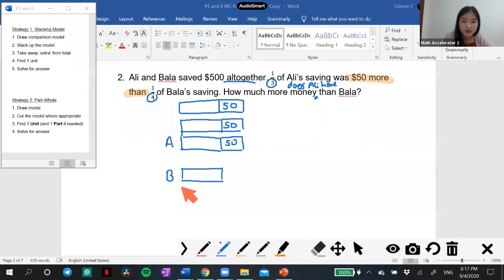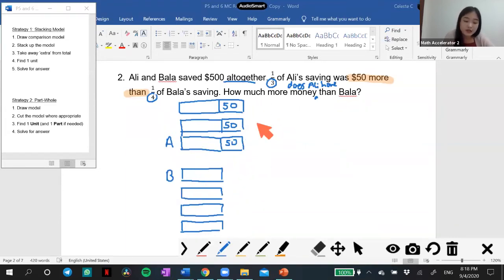Okay, good. So a lot of you get it. 3 more. So stack it up. Draw 3 more for Bala. Because in the end, he needs to have 4. Right, because one of these model is only 1/4. So the entire of Bala's savings, right, you add 1 more, it will be 2/4. Add another one, 3/4. Add another one, it will be 4 out of 4. So that's all of Bala's savings.